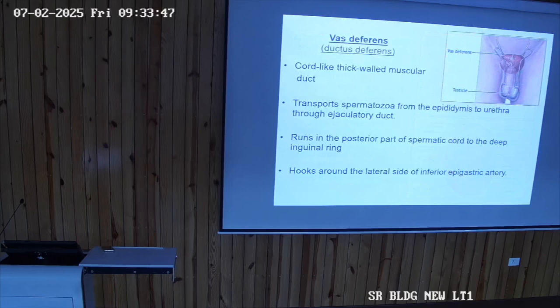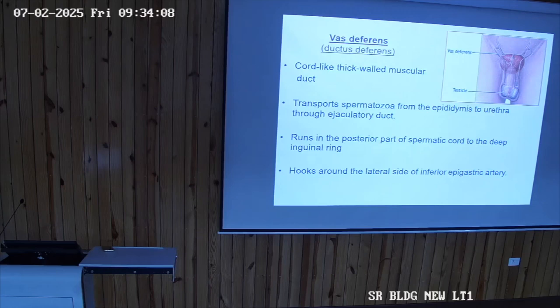So what is the vas deferens? It is a cord-like thick muscular structure. You will be having a class on the testis and scrotum also. So it transports spermatozoa. It runs in the posterior part of the spermatic cord and it hooks around the lateral side of the inferior epigastric artery.